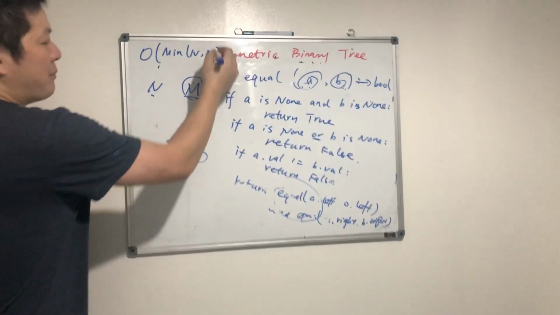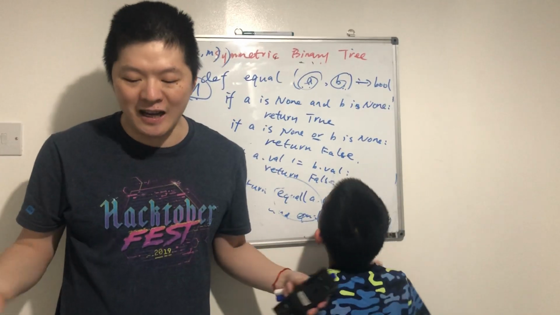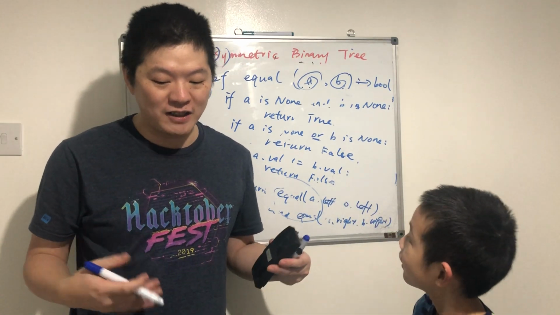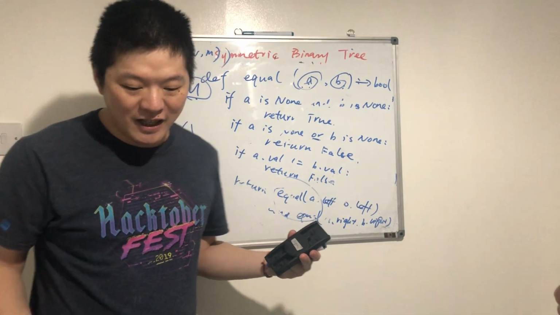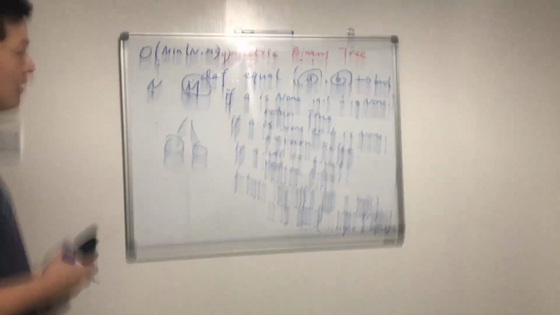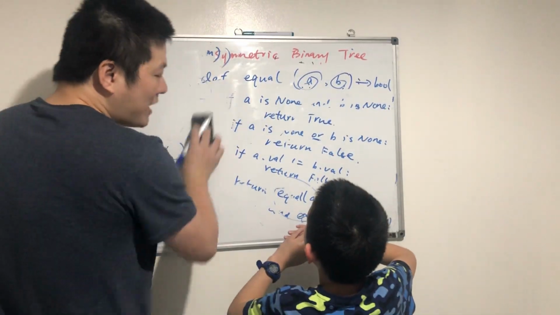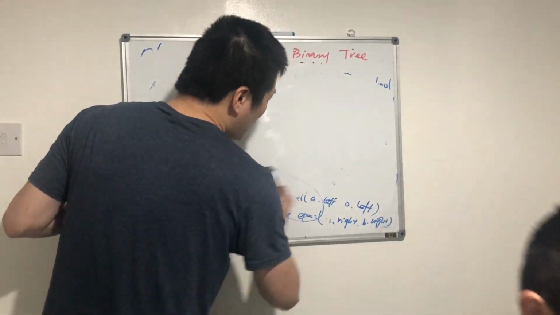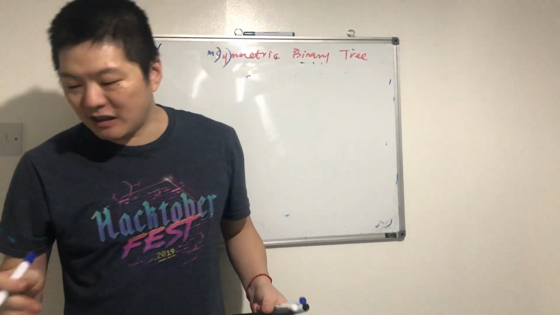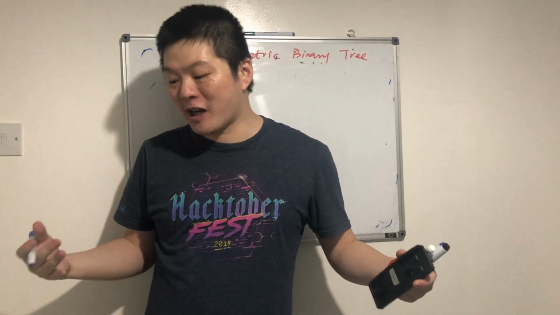For example, if a tree has 10 nodes and another tree has 100 nodes, you just need to check the 10 nodes at most, then you'll find out if they are not equal. So it's a minimum of n and m. Don't make a random guess. When you guess log n, it usually involves dividing something into half. That's where the log n comes from.